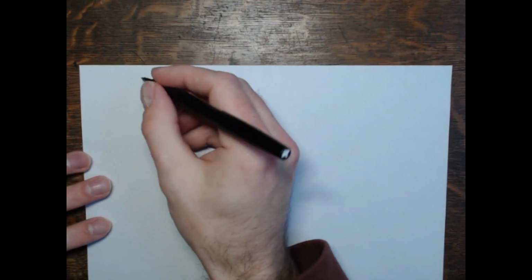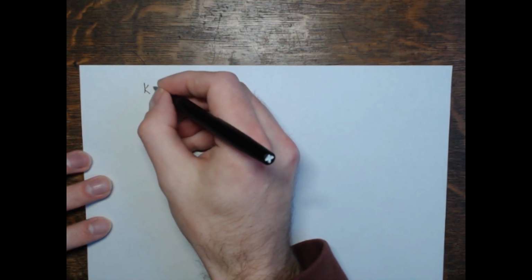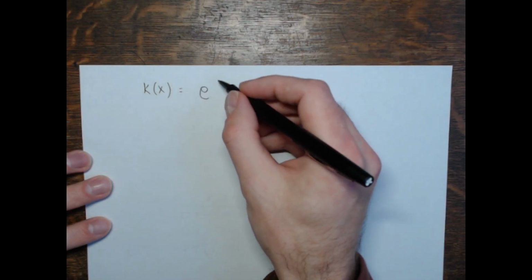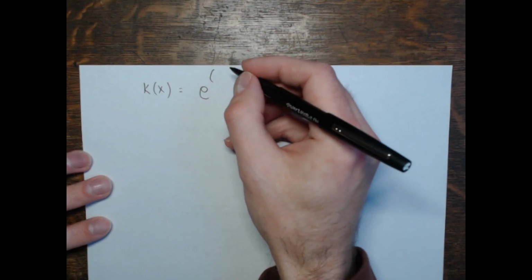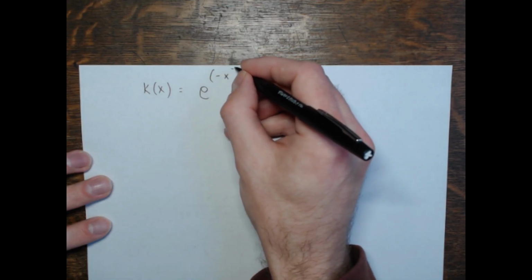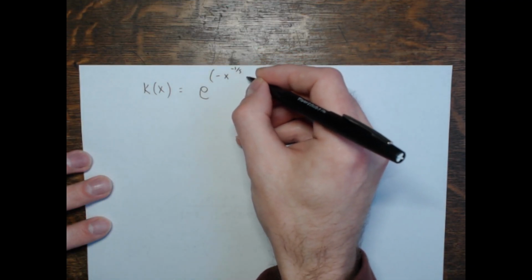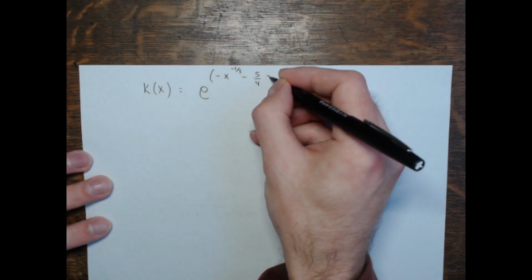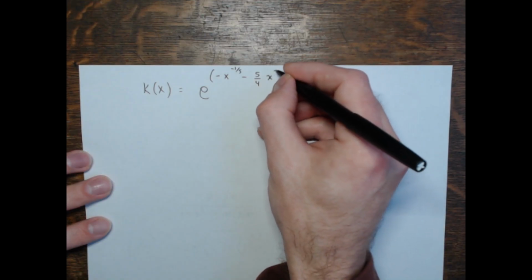Okay, so here we have k of x is, again, e raised to this power, negative x to the negative 1/5 power, minus 5/4 times x to the negative 1/2 power.